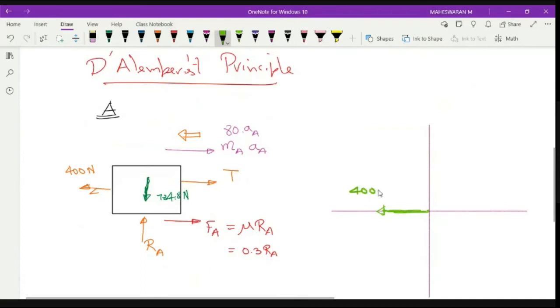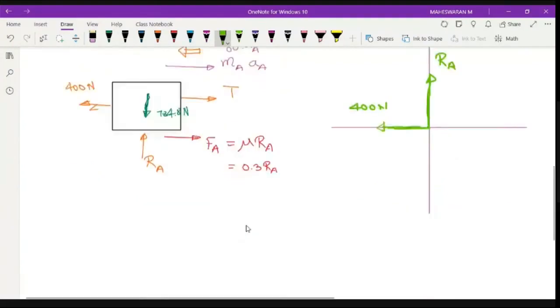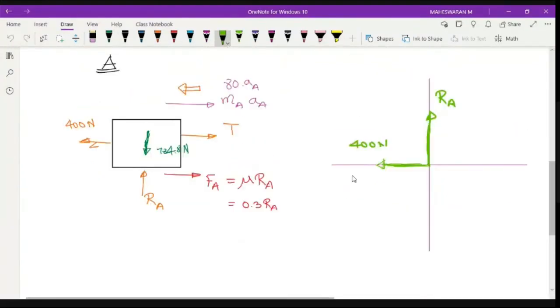Then RA is upward. So you have RA here, which is in the upward direction. And 784.8 is downward, so it is 784.8 Newton.